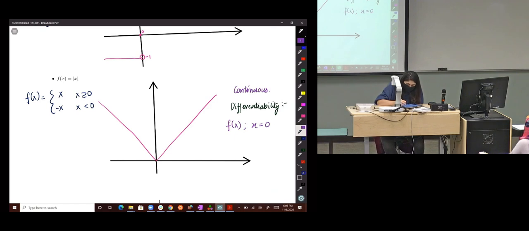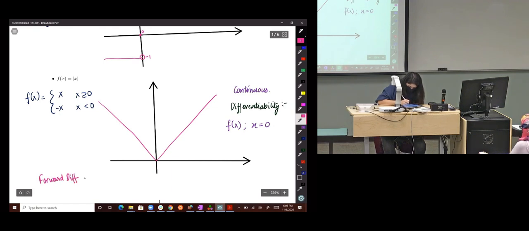From my forward difference method, the differential of the function at x is given by f of x plus h minus f of x, divided by h, correct?